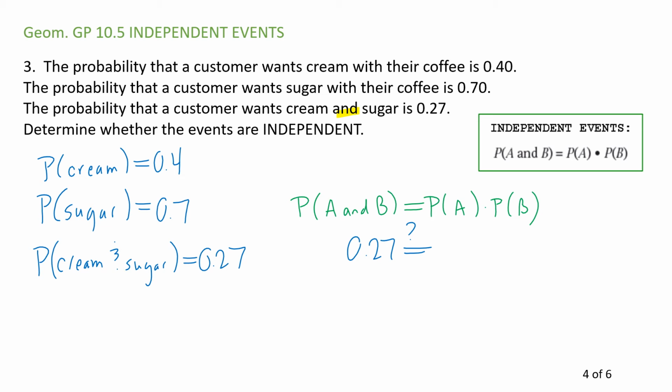But let's find out. The probability of A and B is 27. The probability of one of them is 4. The probability of the other one is 7. This is going to be very close. They are not equal. What's your conclusion?